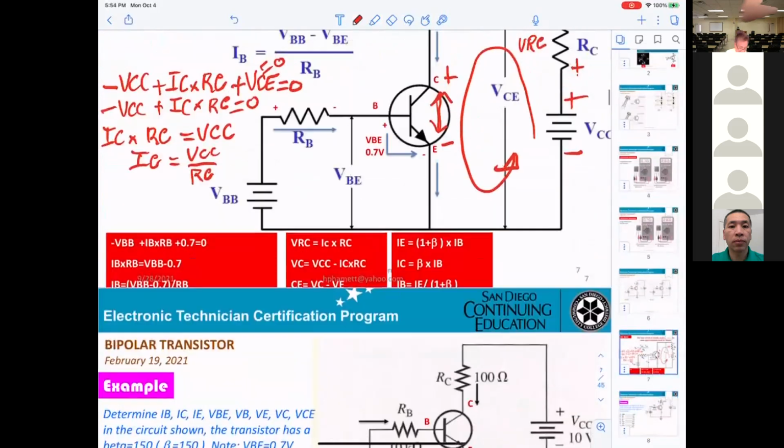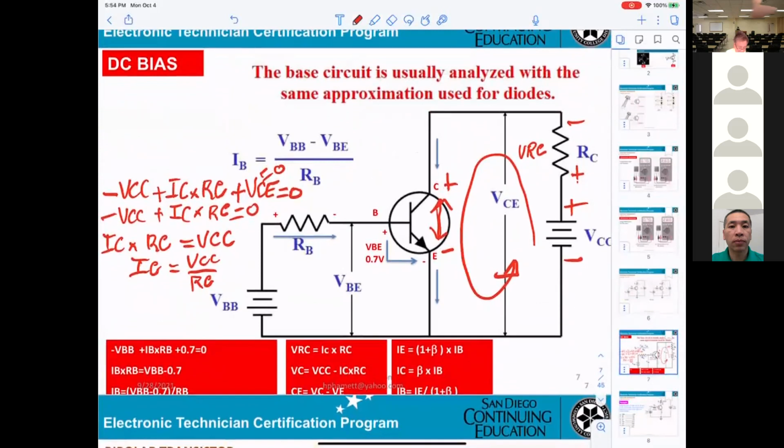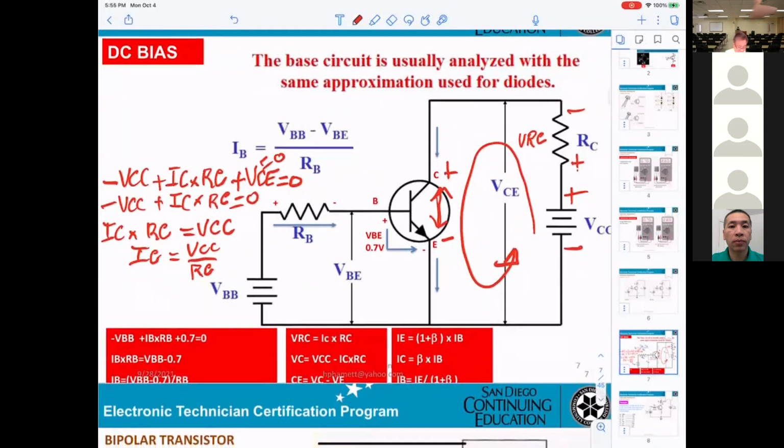Yes, teacher. So a transistor is a device used to amplify with gain as beta, right? We're not talking about amplifying an AC signal.